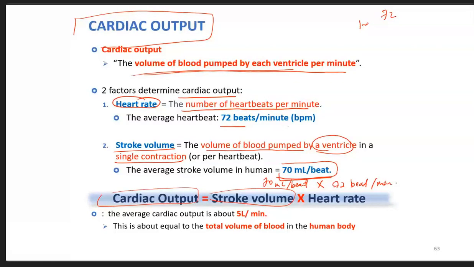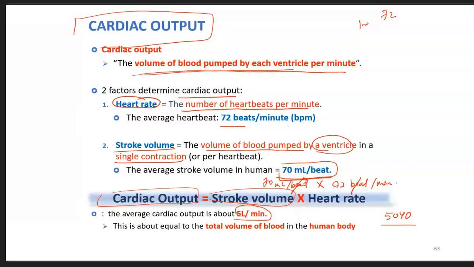Jadinya kalikanlah 70 kali dengan 72, dapat berapa tu? Cuba kalikan. Do you get this volume? Dapat tak? Kan. So the average cardiac output is about 5 liters per minute.